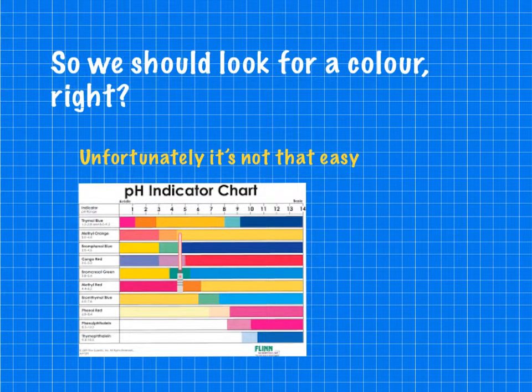And then at pH 4 and a bit, it changes to yellow, which is still acid. So we can't really use it to tell us if something is an acid or a base, because all the way through from pH 4 and a bit, right through to 14, we see this one colour. It doesn't change where the acid-base line is. So it's really, really hard to say that chemical indicators are very good.